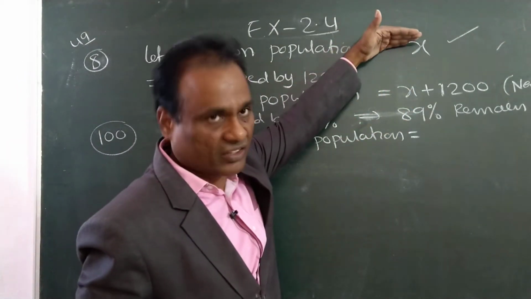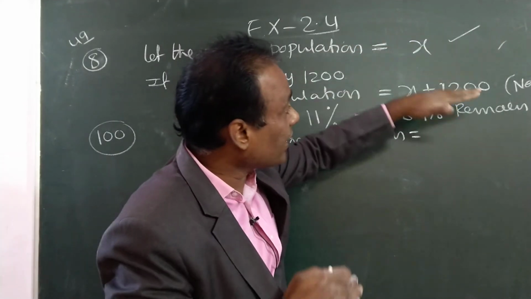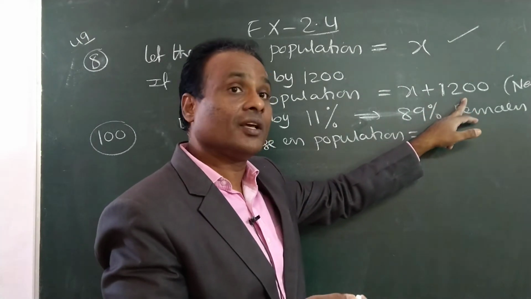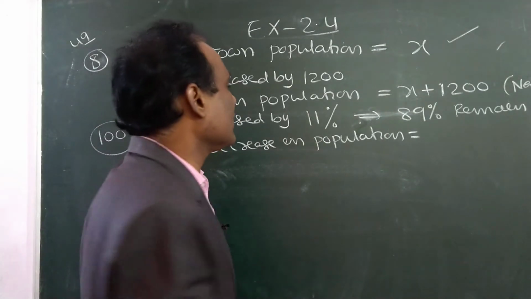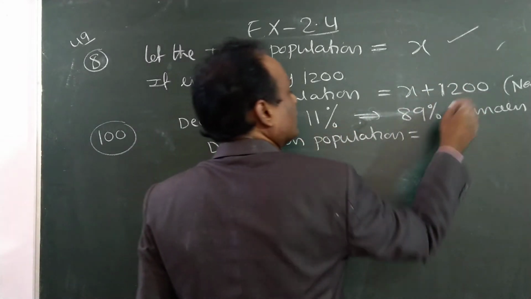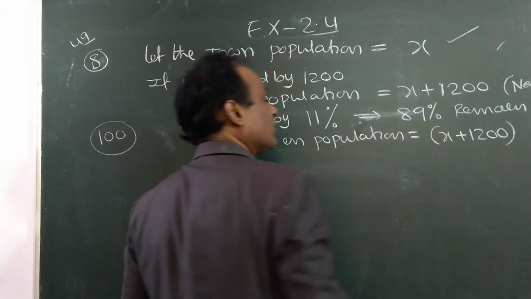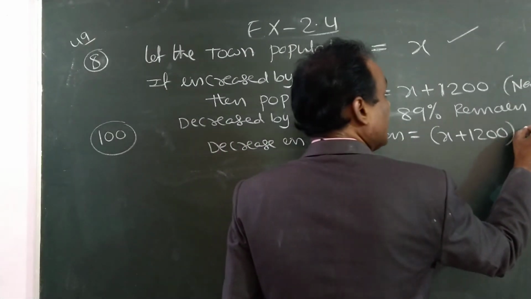First it was X. Then increased by 1200, X is increased to X plus 1200. Third, it decreased by 11%. Decreased by 11% means this X plus 1200 now has only 89%.